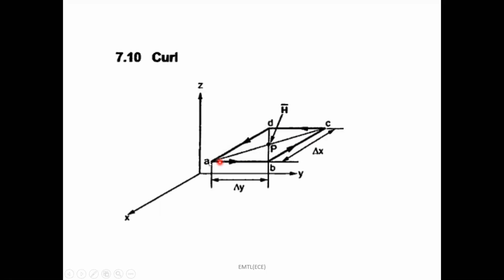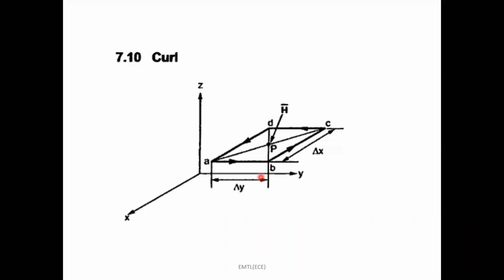This is the positive y direction, and this is the negative y direction. You have to imagine this figure in a three-dimensional view, as we present this experiment, this figure in a two-dimensional view.